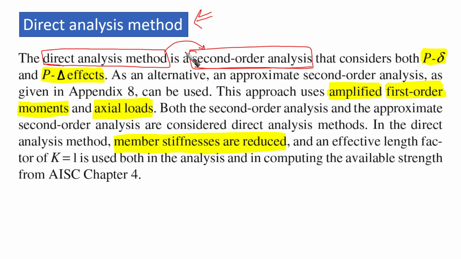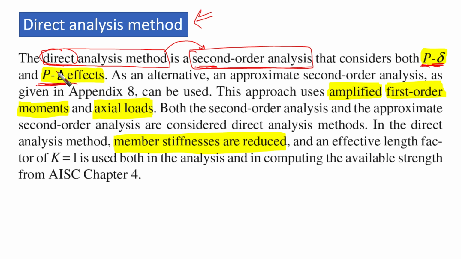Now we understand the meaning of second order, right? It takes into consideration the amplification of the moment due to the lateral delta. It's not a first order analysis. It considers both P delta and P small delta, like lowercase and uppercase in Latin or Greek.